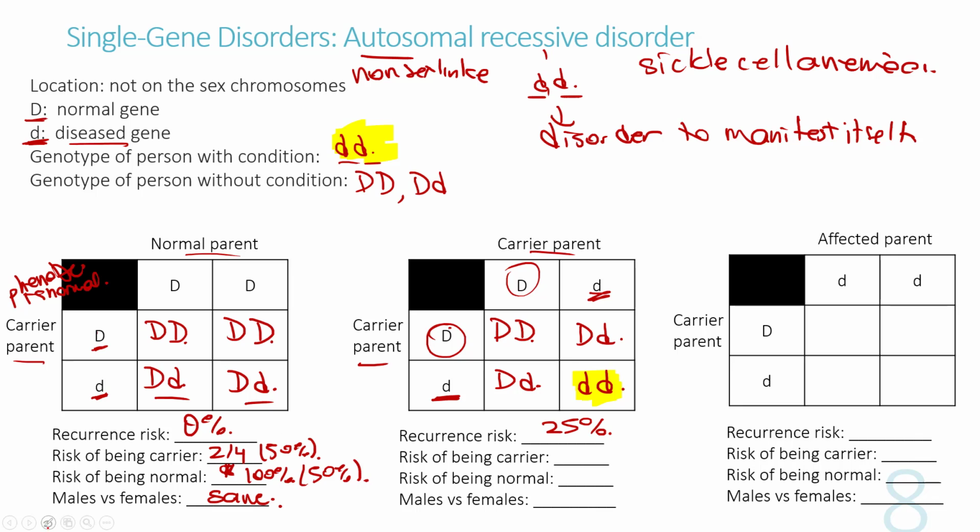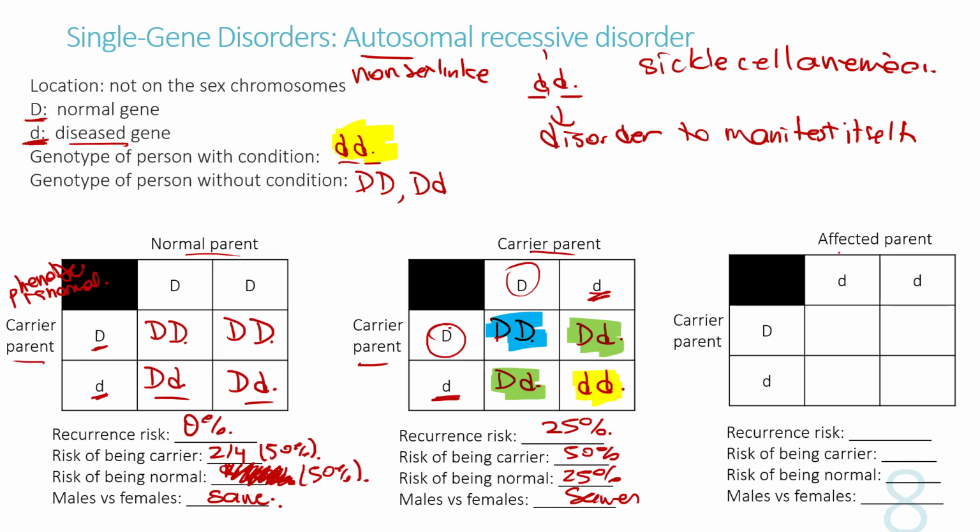Risk of being the carrier would be 2 out of 4. So that would be 50%. And I'm going to revise my definition of normal. So normal means phenotypically normal. And so risk of being phenotypically normal is 1 out of 4. So that's 25% as well, right? Males versus females, same.